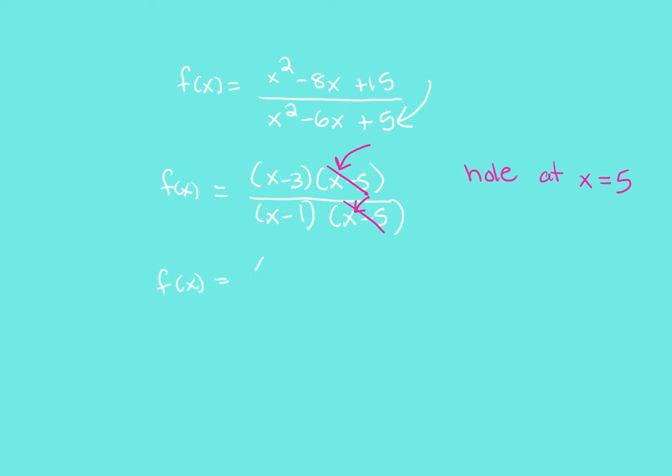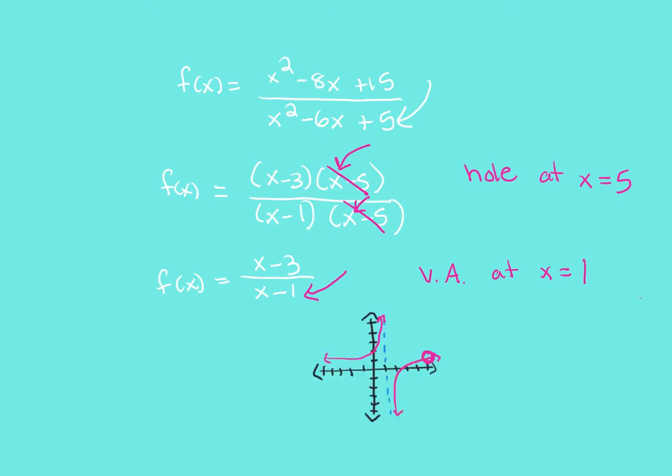So this would be x minus 3 over x minus 1. So because we still have this in the denominator, that is going to create a vertical asymptote at x equals positive 1. And to just give you a visual of the graph, there's the vertical asymptote at 1, and then here would be the hole at x equals 5.